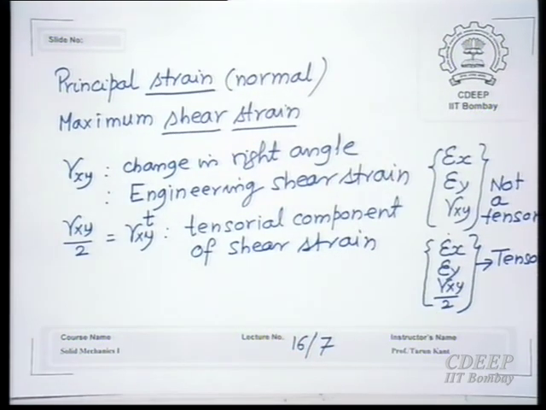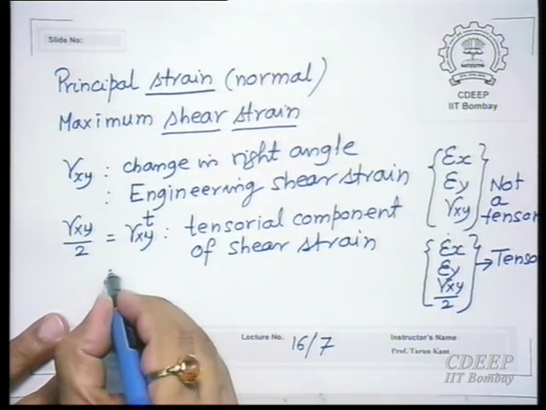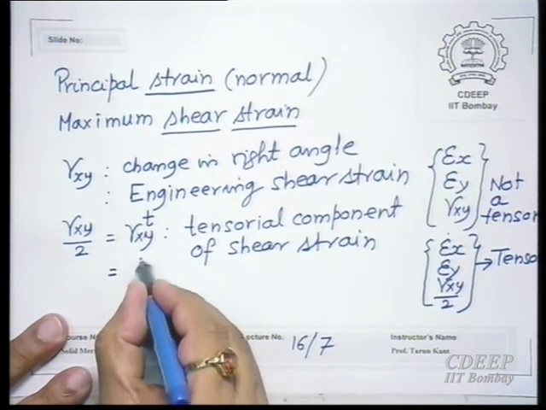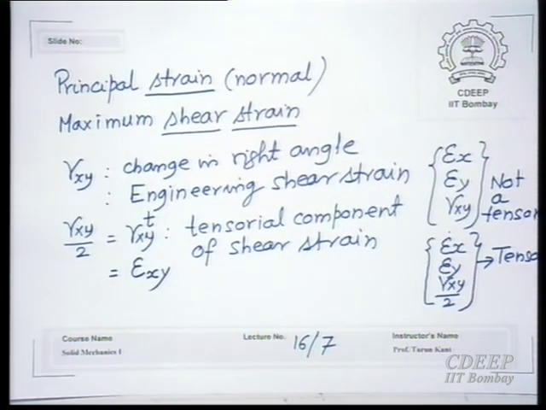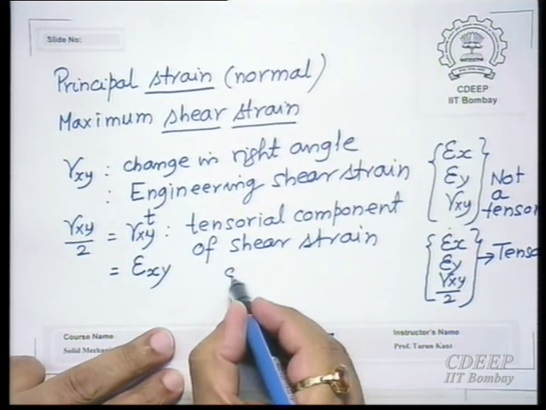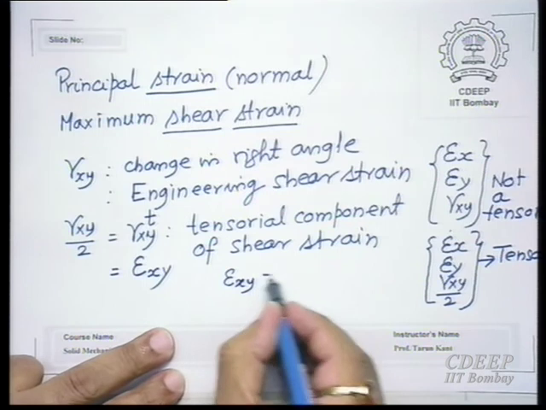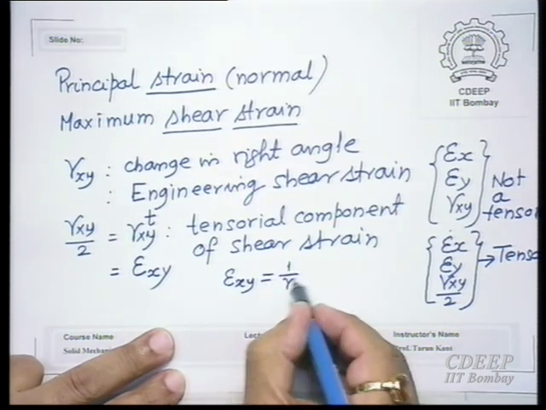Once it becomes a tensor, we denote it by epsilon xy. When we write epsilon xy, that means it is the tensorial component. It is half of gamma xy.